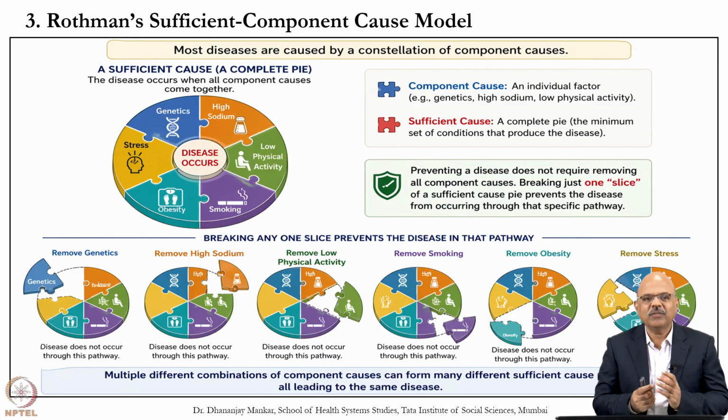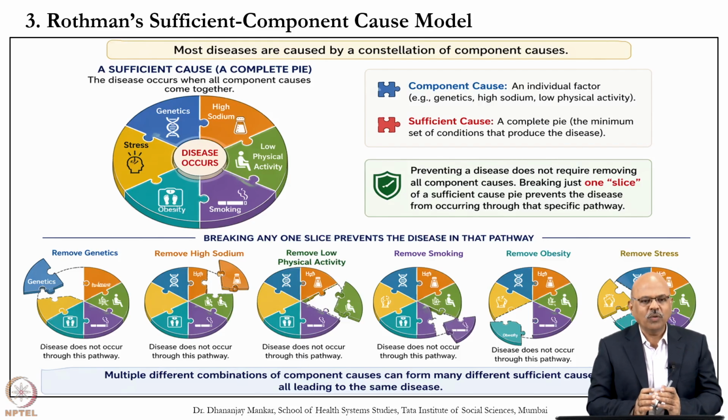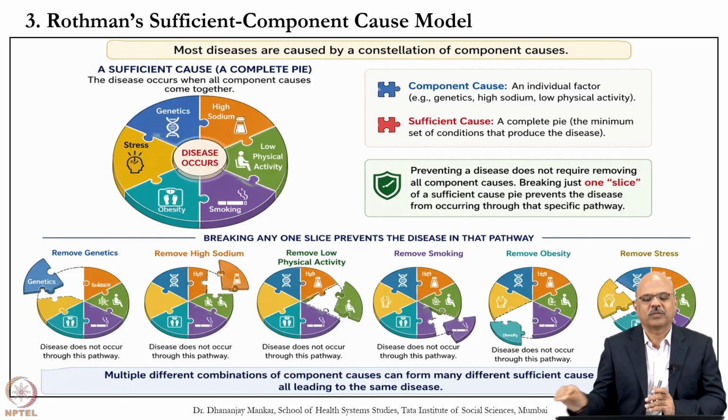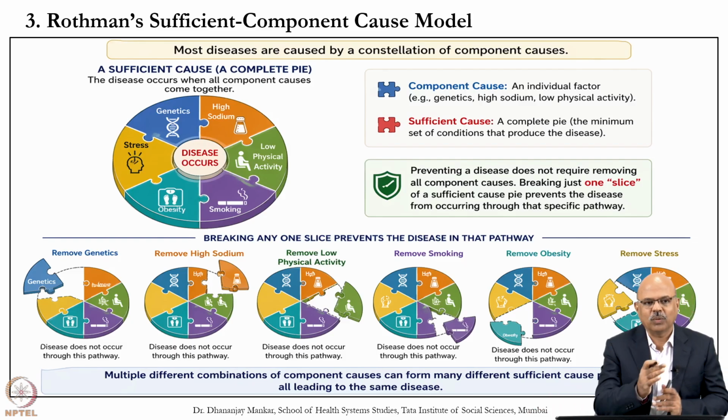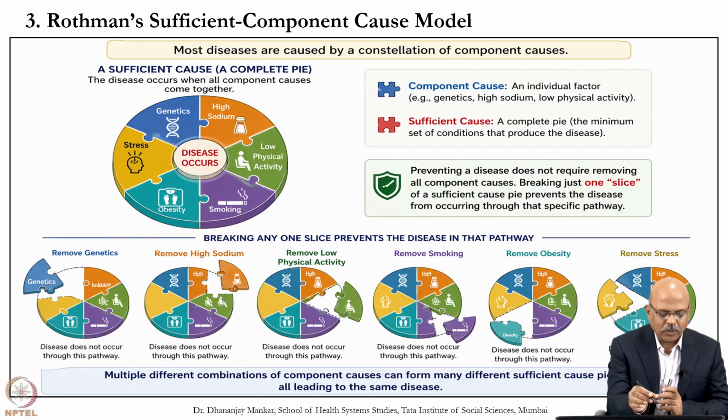Then comes Rothman's sufficient component cause model. So, what is this? Most diseases are caused by a constellation of component causes. A sufficient cause is a complete pie. A disease occurs when all the component causes come together. For example, for hypertension: high sodium, low physical activity, smoking, obesity, stress and genetics.